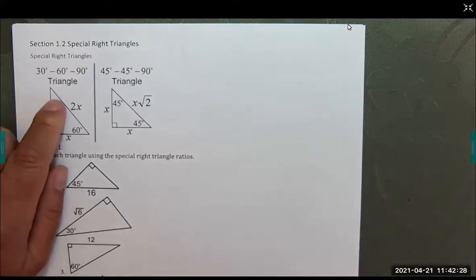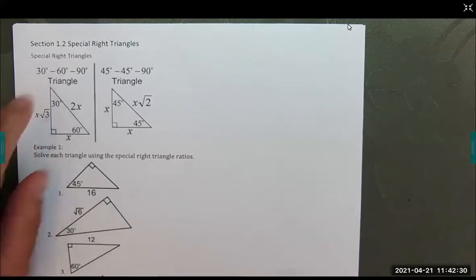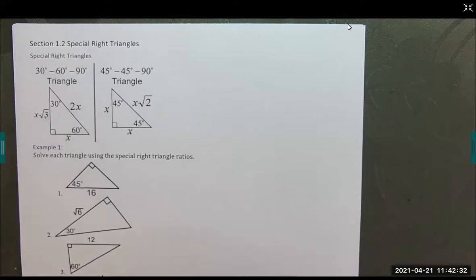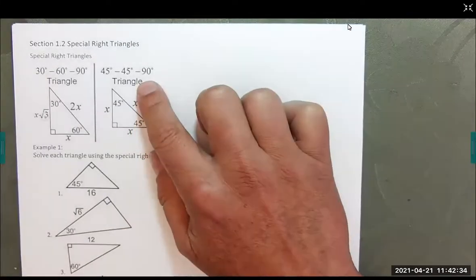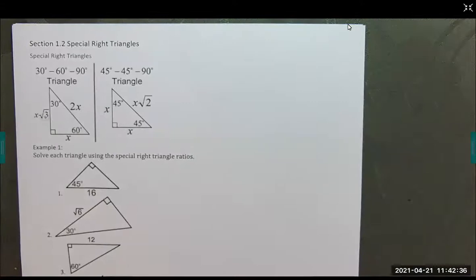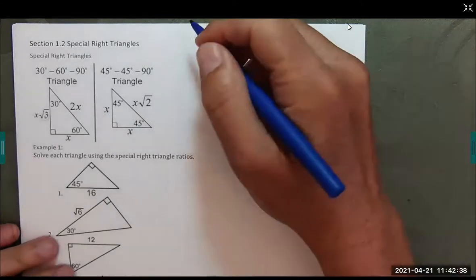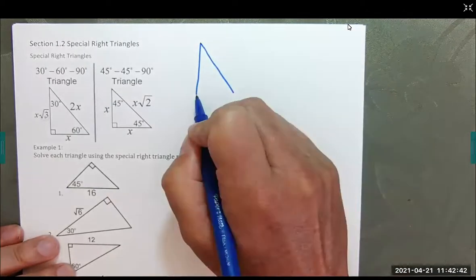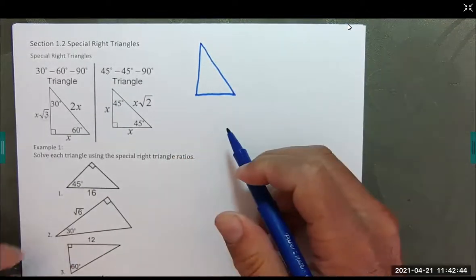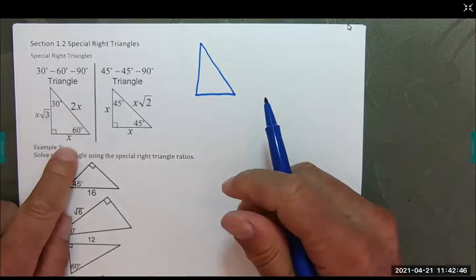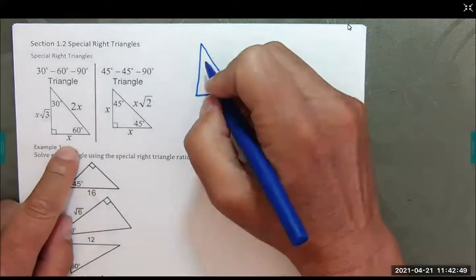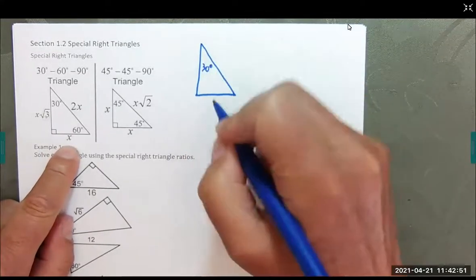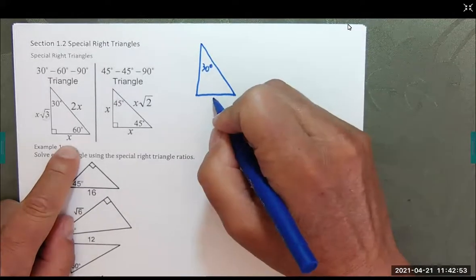There are two of them specifically, what we call a 30-60-90 special right triangle and a 45-45-90 degree triangle. Now, the original ones look like this. We have ours a little souped up. The side opposite the 30 degree is our x, and more often than not, we just make that a 1.